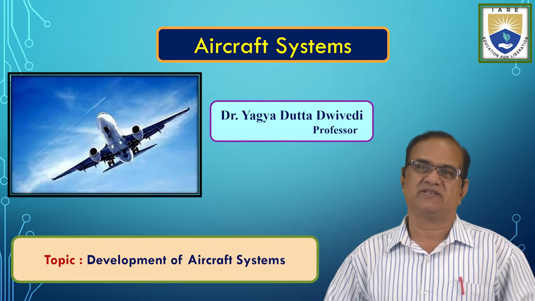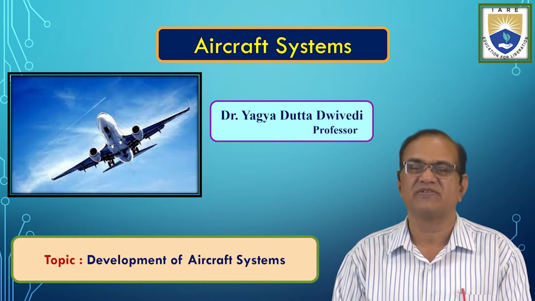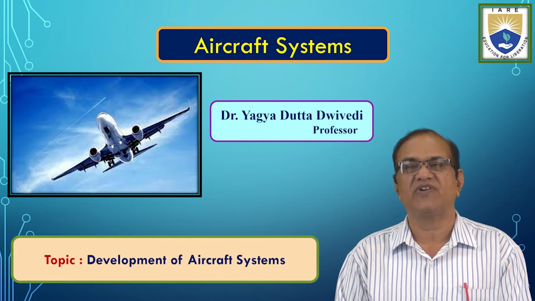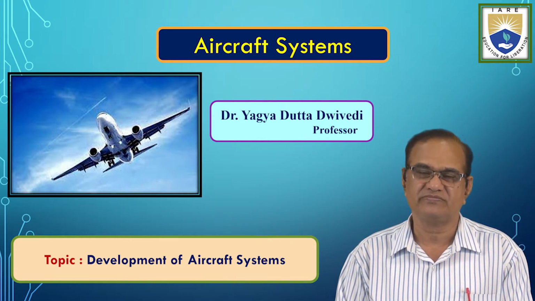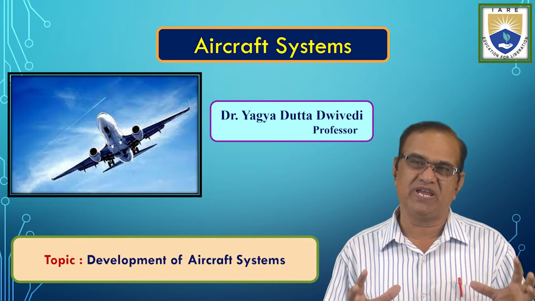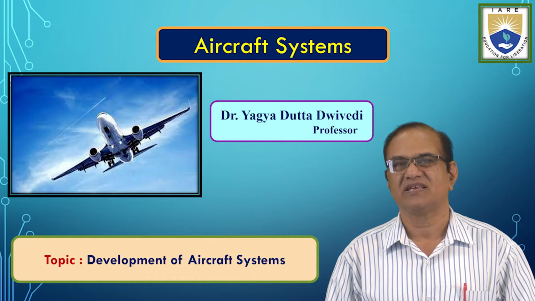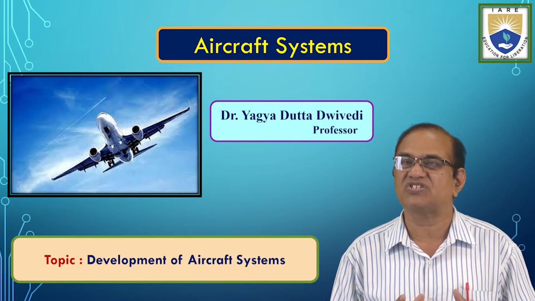As you know, I started with aircraft systems, that is, an introduction to different aircraft systems, in which I can divide aircraft systems into 4 main pillars. The first pillar is the airframe system or aircraft structural system.